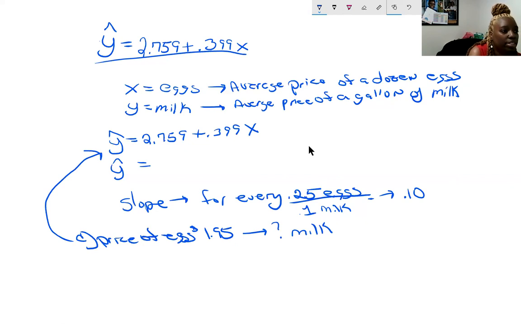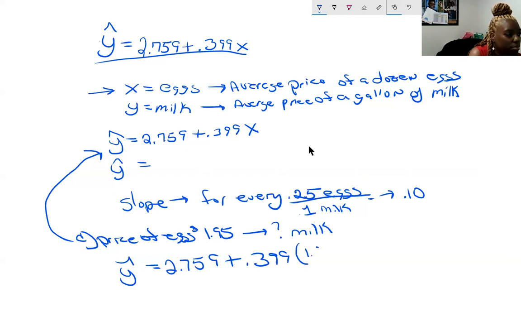Because this is the price of eggs with the price of milk. So now you got y hat is equal to 2.759 plus 0.399 times your milk, remember. Right? Times your eggs, which is X, to predict your milk, not times your milk.